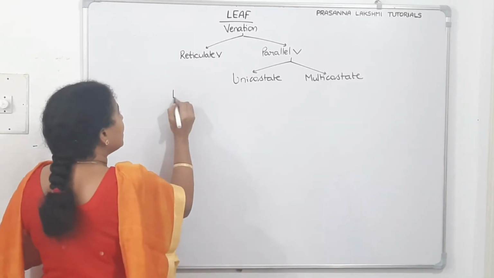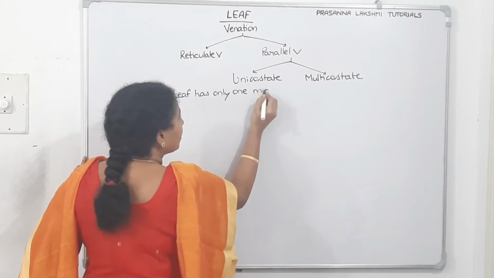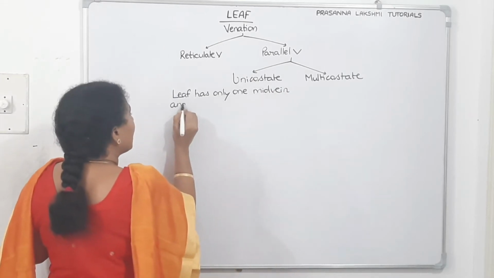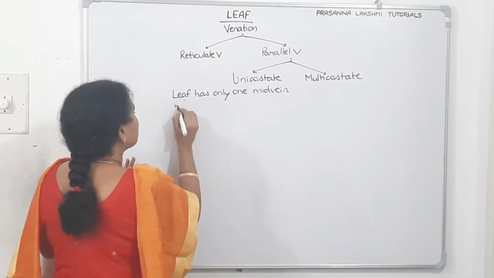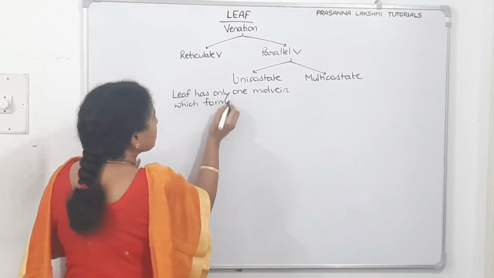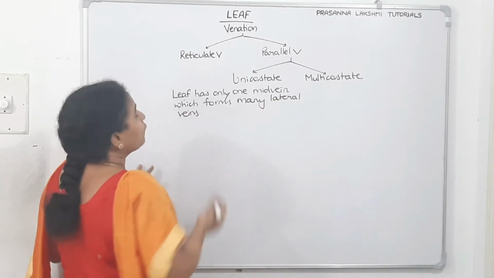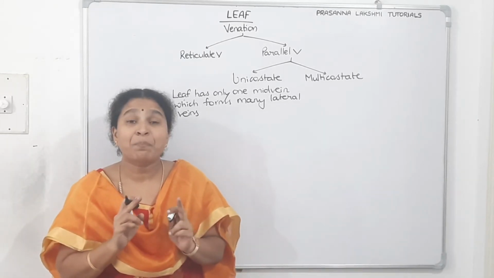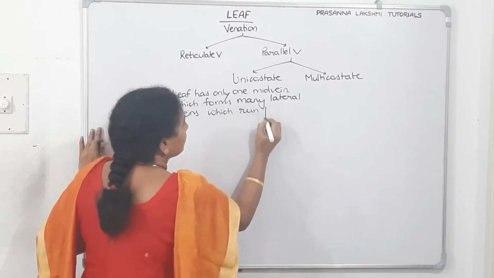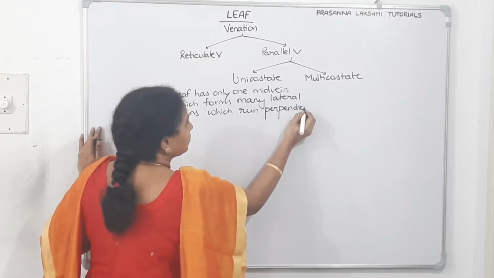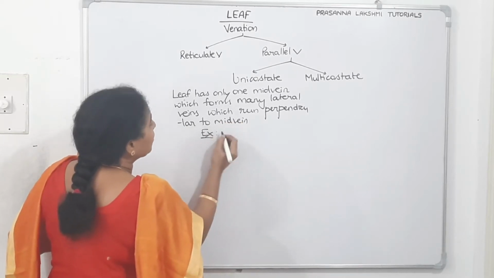Unicostate means the leaf has only one midvein, which forms many lateral veins, and these lateral veins run perpendicular to the midvein. With an example you can understand it better.